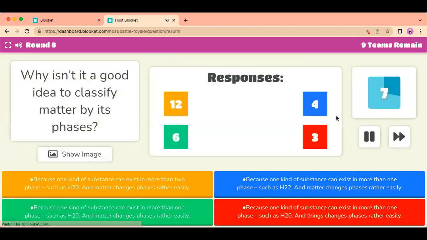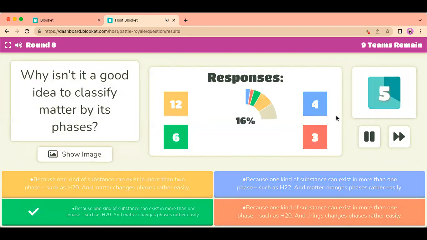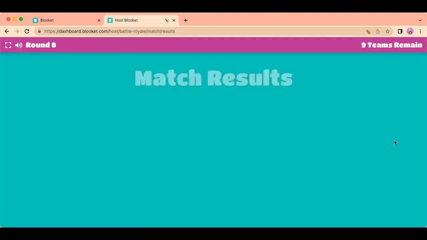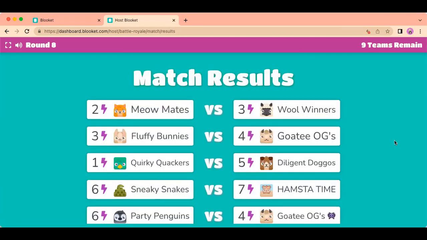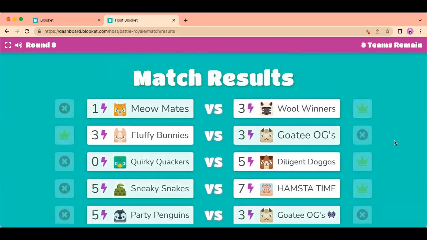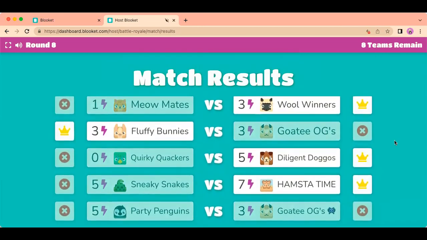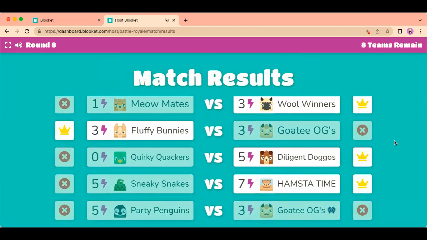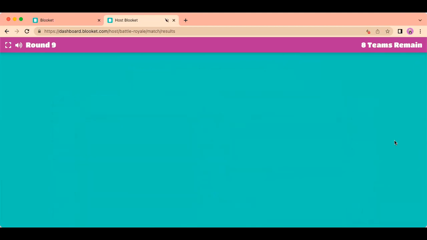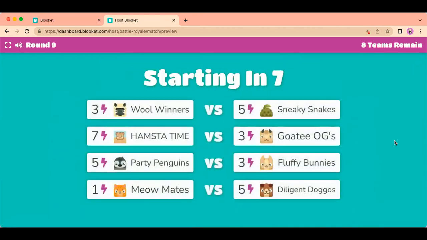Be careful of the English trap that Alice has put. All right, let's see whether the crackers are still here. Oh no, the crackers have been eliminated. We are left with 8 teams now, where Hamster Time is still the top.